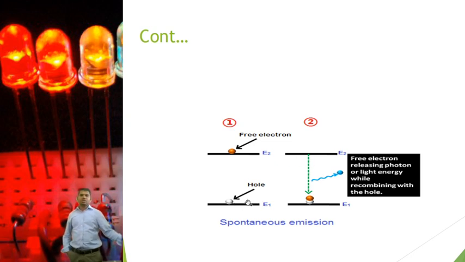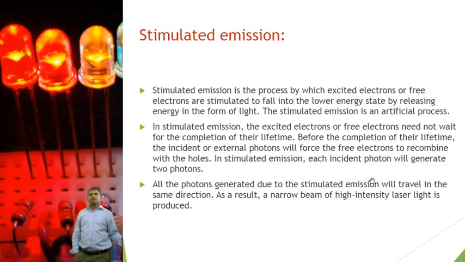When the electrons absorb energy, they move from the lower energy to the higher energy, and one hole is created. After the electrons move to the higher level, they fall down again to the lower level within a short period of time, and emit light energy in the form of photons.